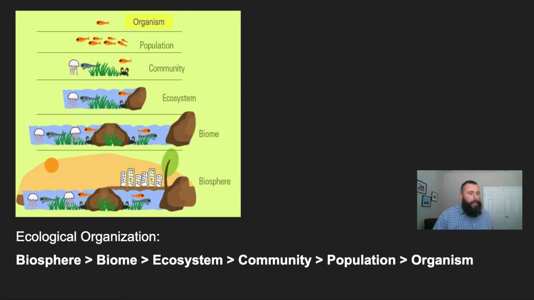Take a look here at how we can define some of those systems, right? We can define the whole system and say the biosphere, which is all of the living life that exists in the lithosphere, the hydrosphere, and the atmosphere. Or we can define a system within that system as a biome, right? These very special places that are collections of different ecosystems together.